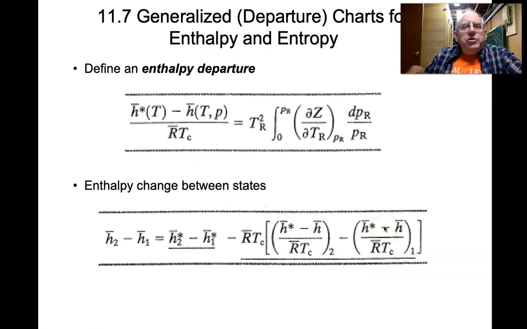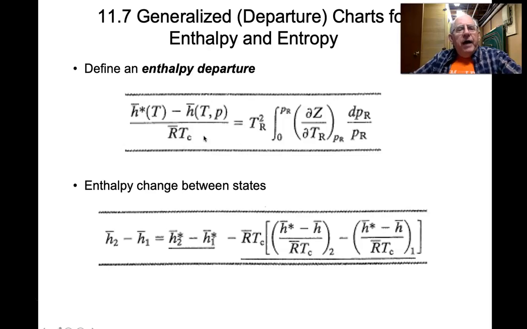And so in order to utilize this departure, it's convenient to take the departure value and to normalize it by dividing it by R bar T_C. And again, R bar is the universal gas constant, and T_C is the critical temperature for that particular substance. And so when one does that, one then has an enthalpy departure that is non-dimensional.